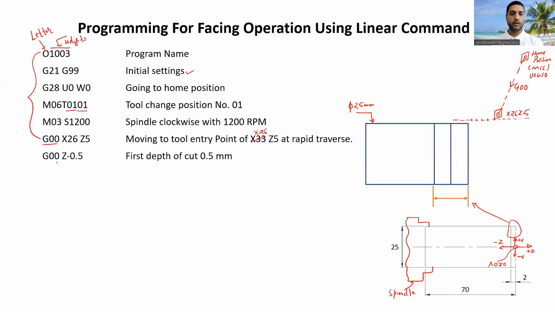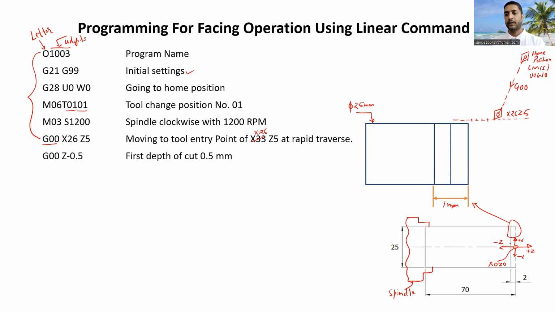After this, we have G00 Z-0.5, which means we are giving the first depth of cut of 0.5 mm. Let us say this length is 1 mm, so this will be our 0.5 and this will be our 0.5.